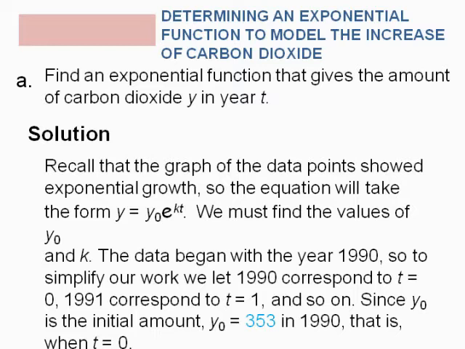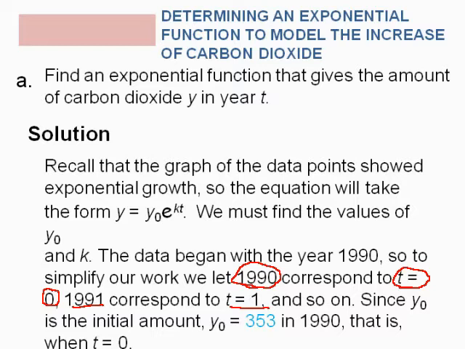Now the data began with the year 1990, so to simplify our work, we're going to let 1990 correspond to t equals 0. So let's start locking in on some things here. For 1990, t is 0; for 1991, t is 1, and so on.